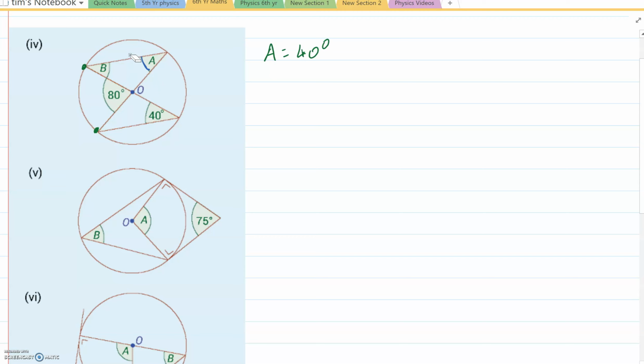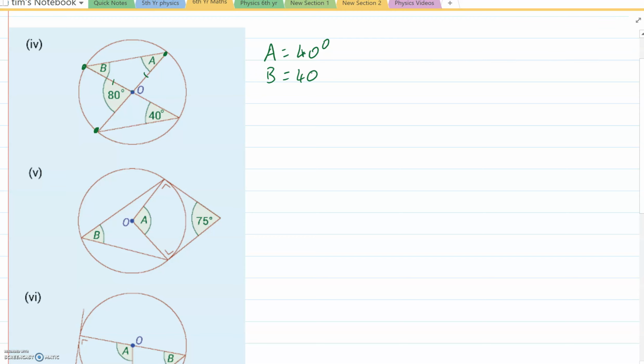Now, for angle B, this is an isosceles triangle. The length between O and out to here is exactly the same as the length between O and down to that point, because they're both radii. So it's an isosceles triangle, which means B is also equal to 40.